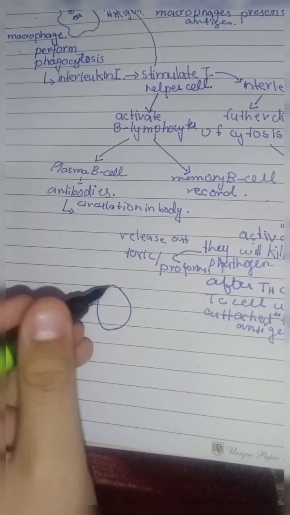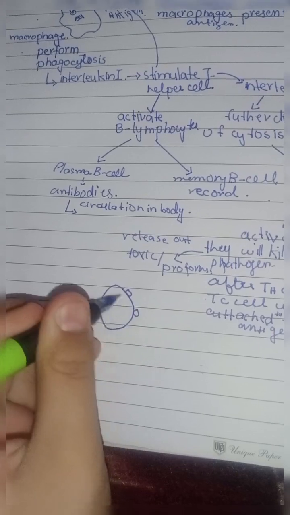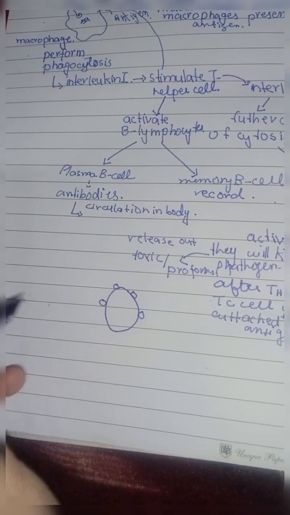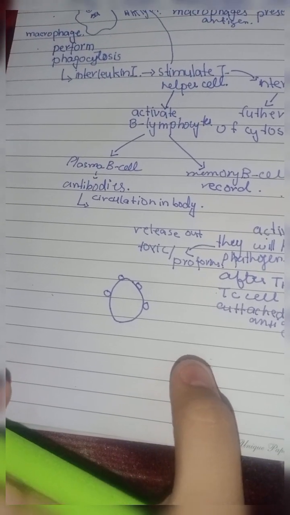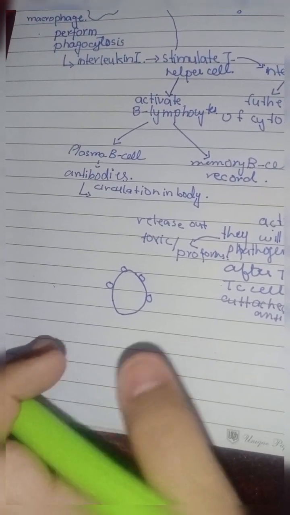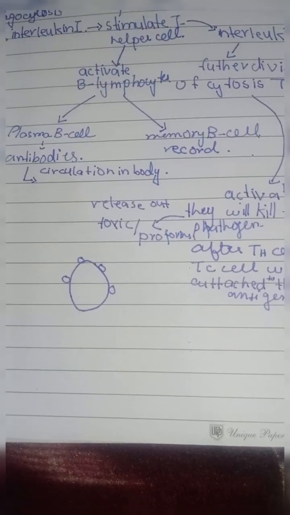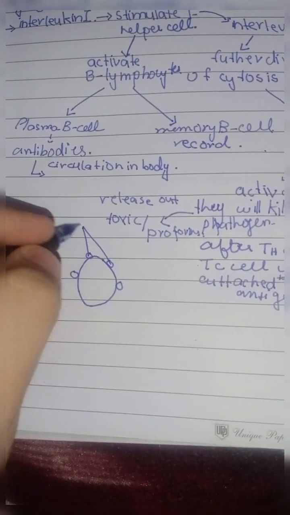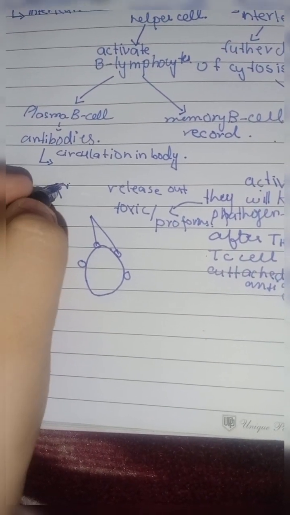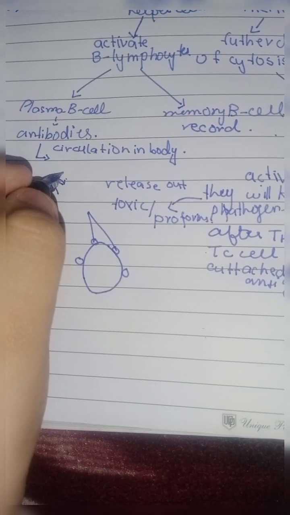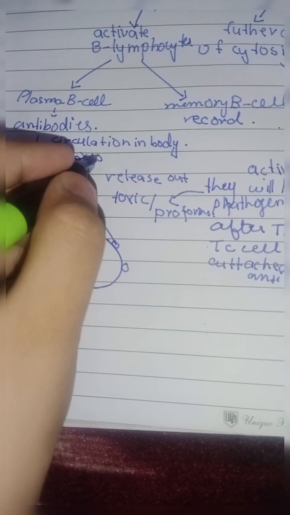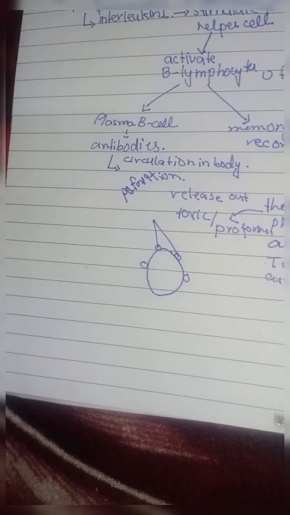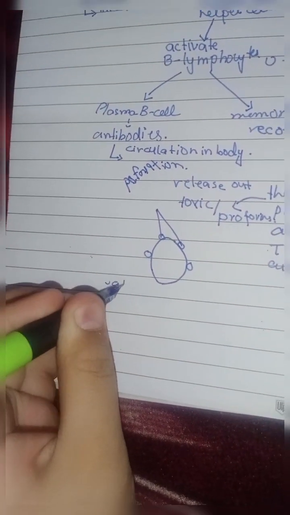It will make holes on the surface and release granzyme, another enzyme. These holes are known as perforation.